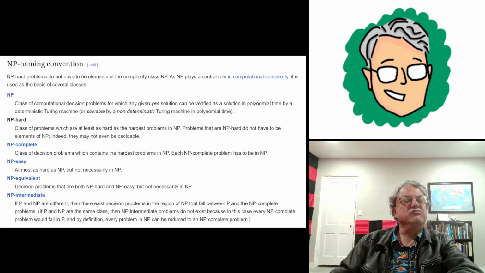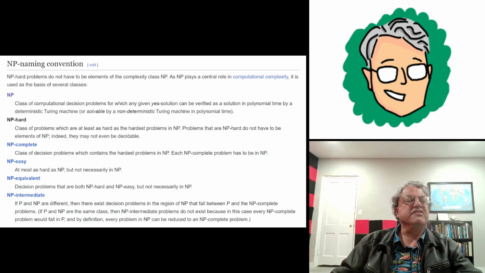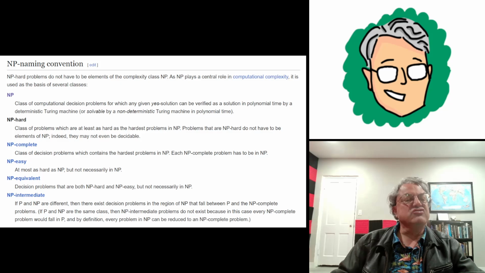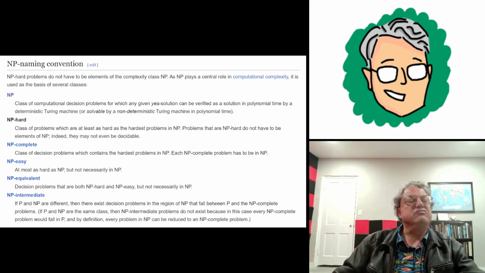And then here's just some NP naming conventions. P I already described. That's problems that can be solved in polynomial time. But NP is problems that can be checked in polynomial time. But then there's different types of NP. There's NP hard. Those are the hardest of the NP problems. They are NP, but we don't know if they're P. And then there's NP complete.